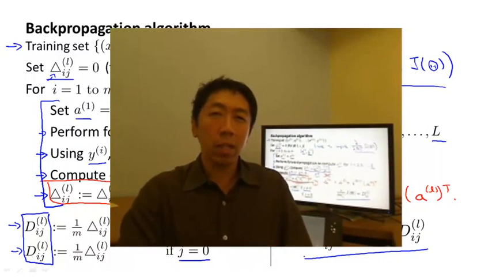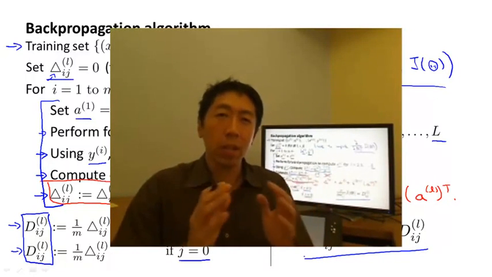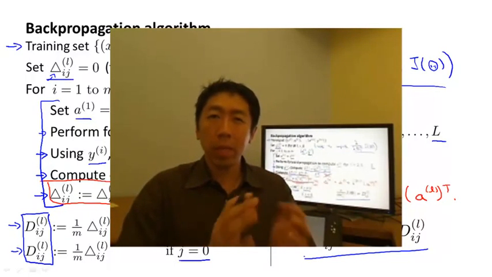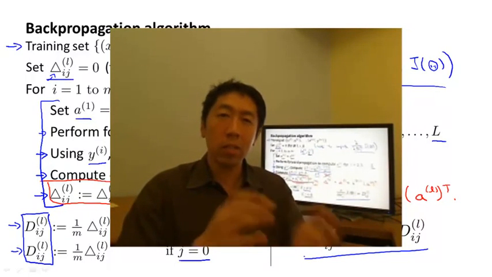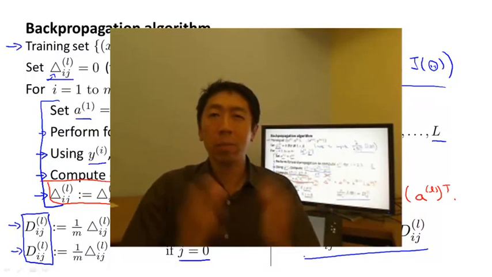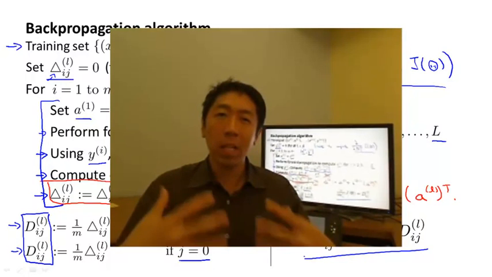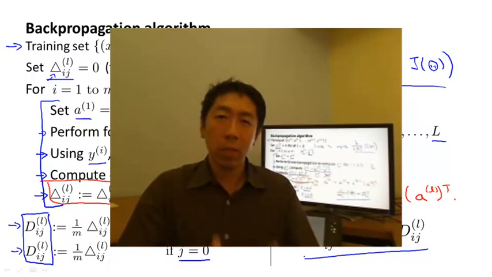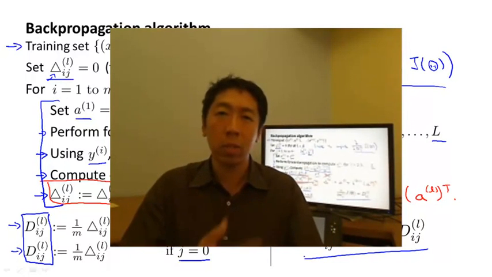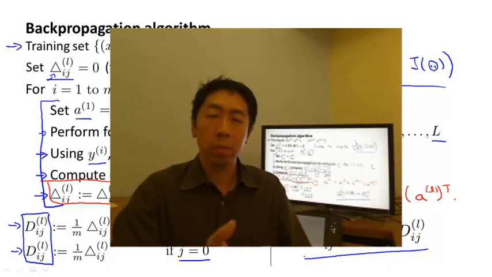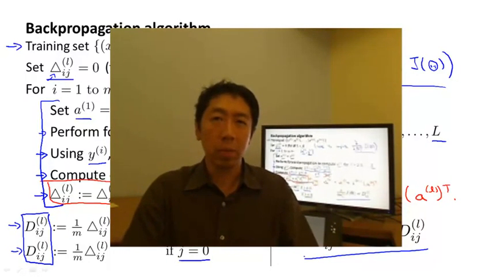I know this looks like a lot of details and a lot of steps strung together, but both in the programming assignments and later in this video, we'll give you a summary so that you have all the pieces of the algorithm together and know exactly what you need to implement if you want to implement backpropagation to compute the derivatives of your neural network's cost function with respect to its parameters.